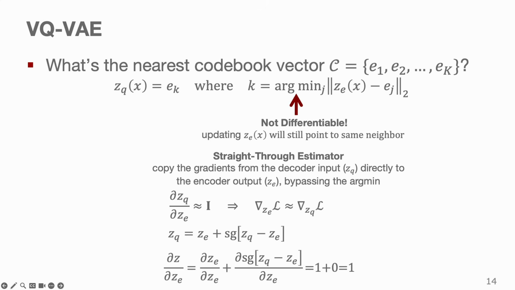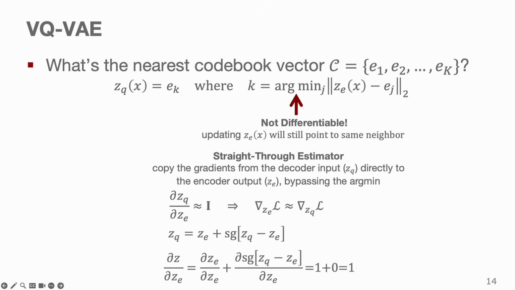So how do we fix this? In practice, we use a straight-through estimator, which in essence just says, let's pretend the quantization step didn't happen during the backward pass and pass the gradients along. So the high-level intuition of this is that if ZQ and ZE live in the same embedding space, then by definition, they will be very close to each other.